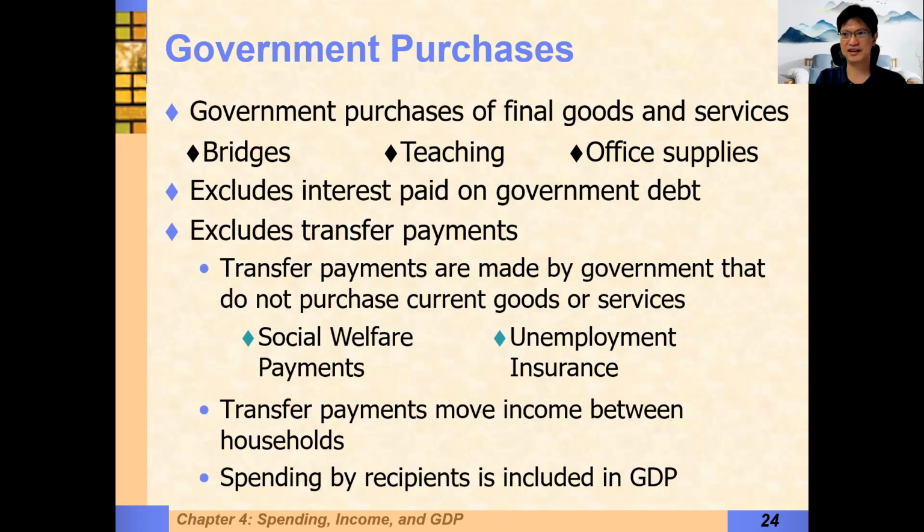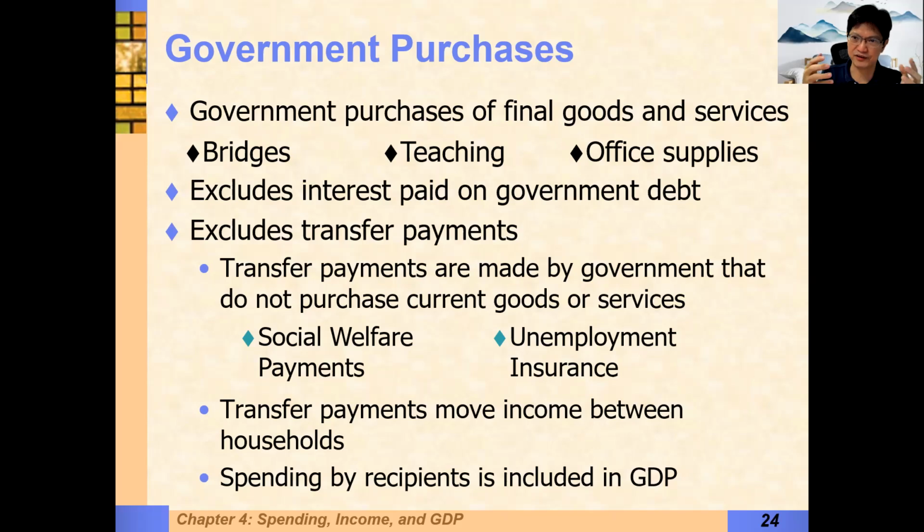And all of the government spending on goods and services that provide services to the people counts as government spending. Everything in the government budget counts as government spending, except for one type of spending: where you're giving money to households, or transfer payments. That doesn't count as government purchases.